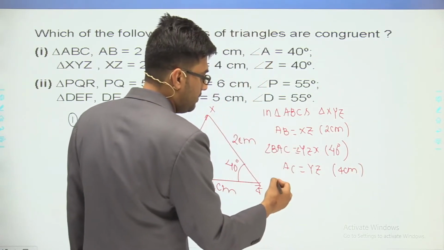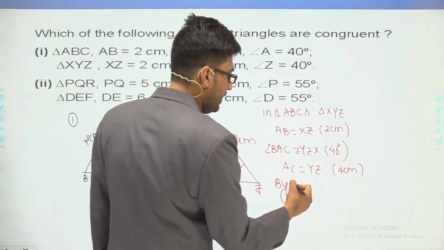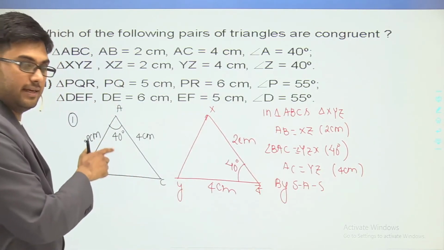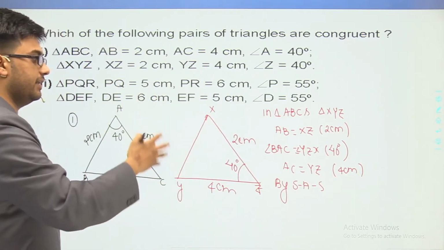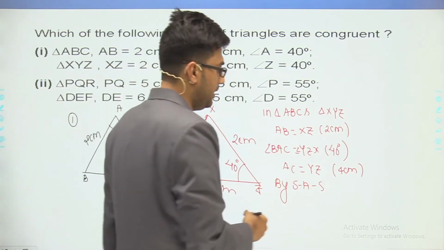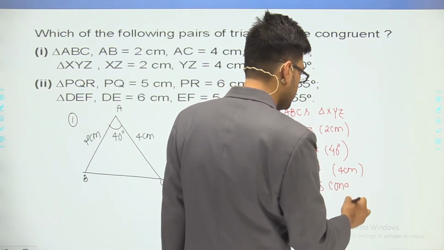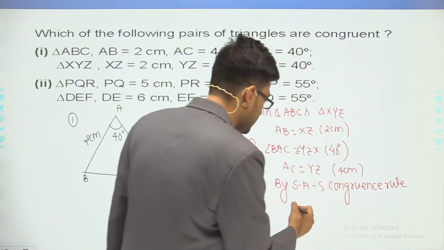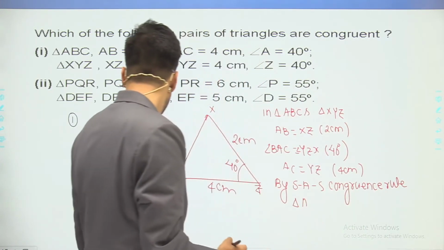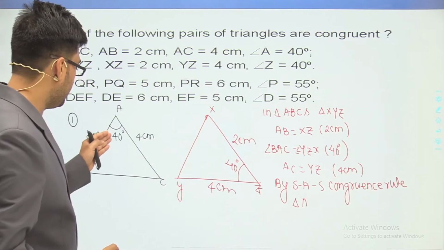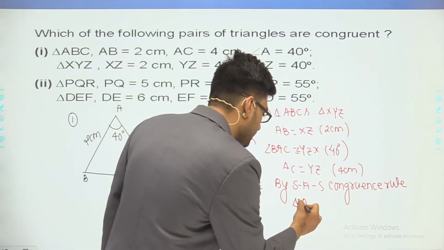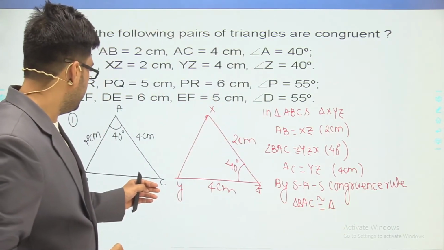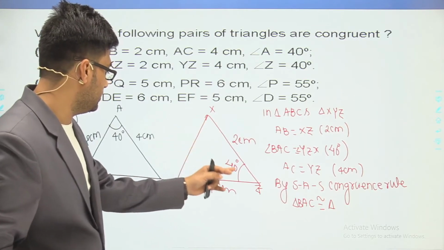So we can say that by which criteria? By side angle side, because here we have two sides and the included angle equal to two sides and the included angle of the other triangle. So by SAS congruency rule or criteria, we can say that triangle BAC is congruent to triangle XZY.